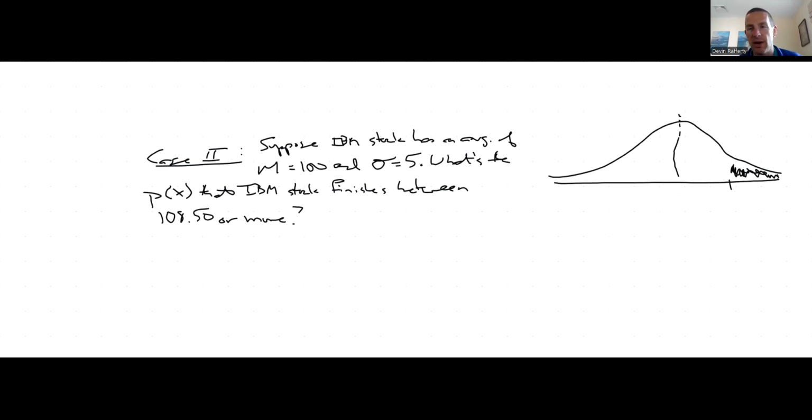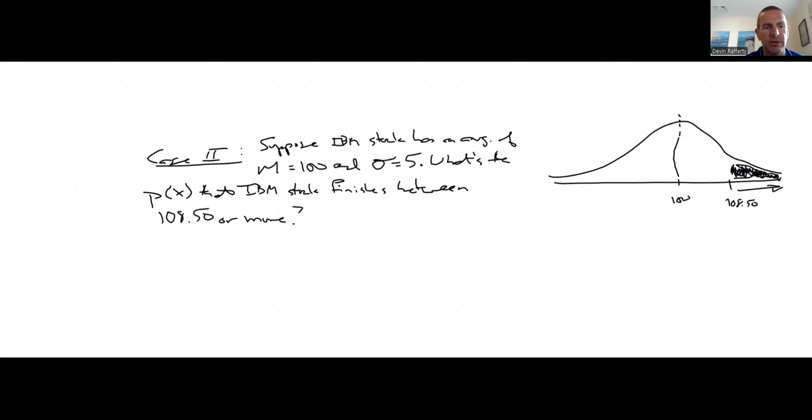And what we want to know now is what is the probability of IBM stock finishing the day at 108.50 or more. So going up and over what is considered normal for it. What's normal for it is 100 with a standard deviation of 5.